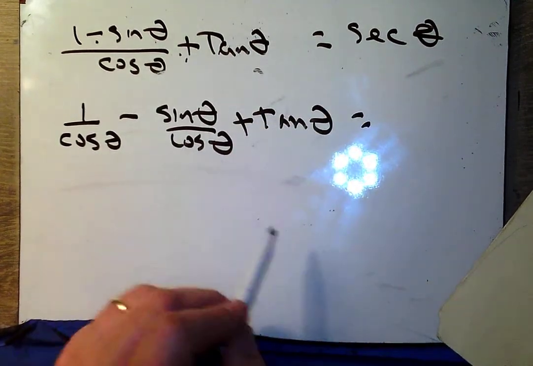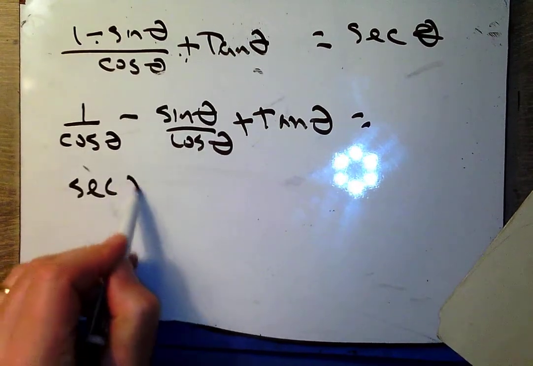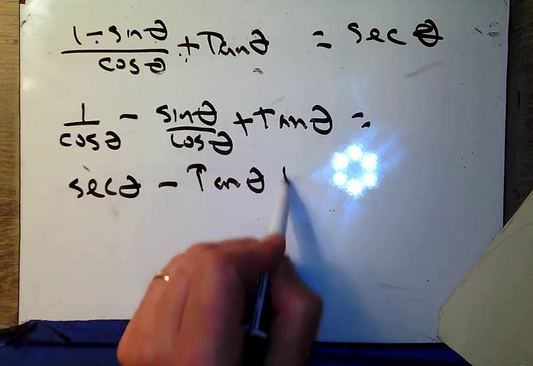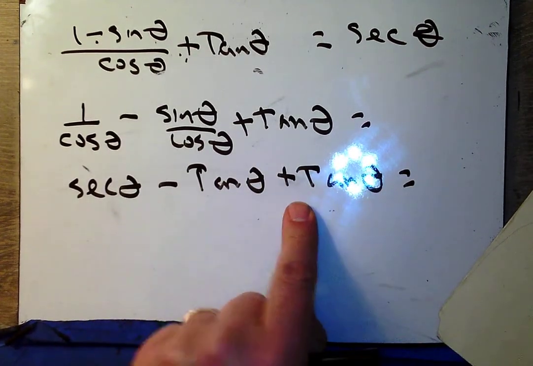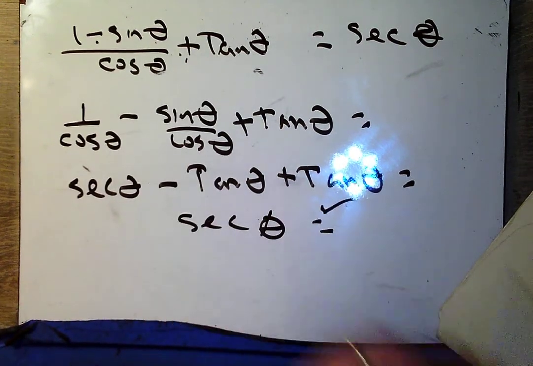Well, what's 1 over cosine? That's secant. And sine over cosine is tangent, plus another tangent. Well, minus tangent plus tangent, they go away, and I'm just left with secant theta.